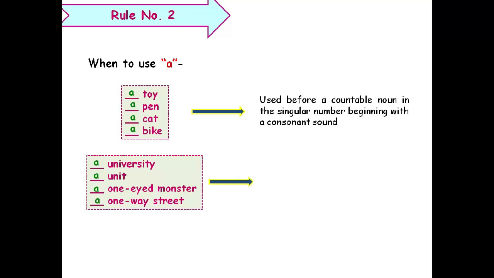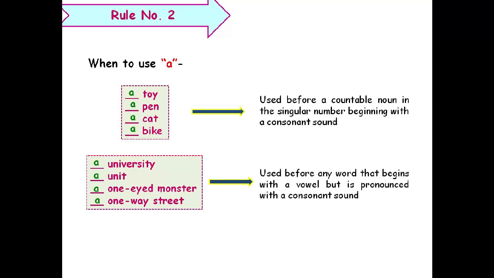Because we also use a before any word that begins with a vowel sound but is pronounced with a consonant sound. So even if your first letter is a vowel but the pronunciation is that of a consonant, you will use a. You will not use an, you will use a. So university, the pronunciation is of ya.